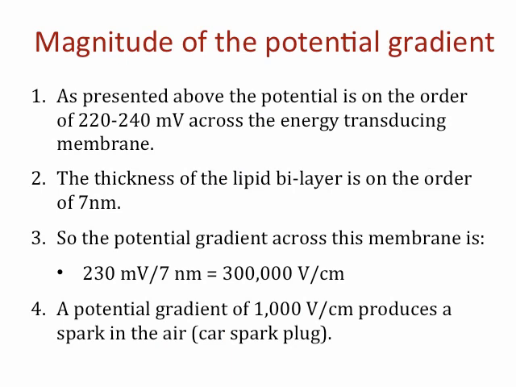Now that is a very steep gradient, and for comparison, about 1,000 volts in air will produce a spark. So this gradient is 2 orders of magnitude greater than that. So the physics at the cellular level are quite different than those we are accustomed to at our size scale.